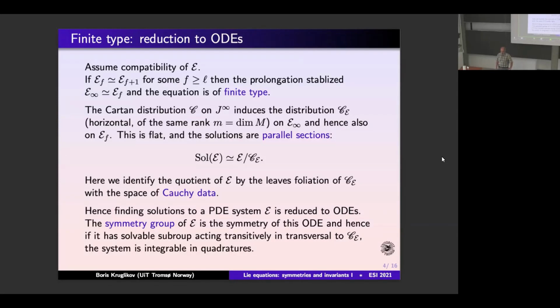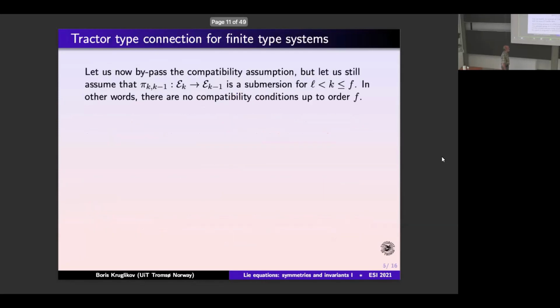Okay, so that's this case, but I started with assuming compatibility, so everything is nice, and you don't have any intermediate problem. So let's bypass this. Let's not make this assumption, and however, let's still think that up to a certain point you have submersion, right?